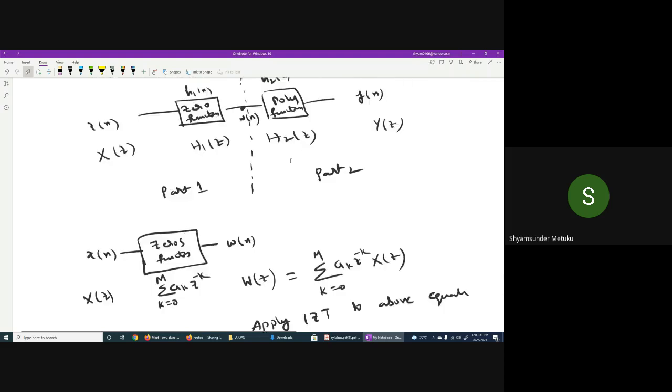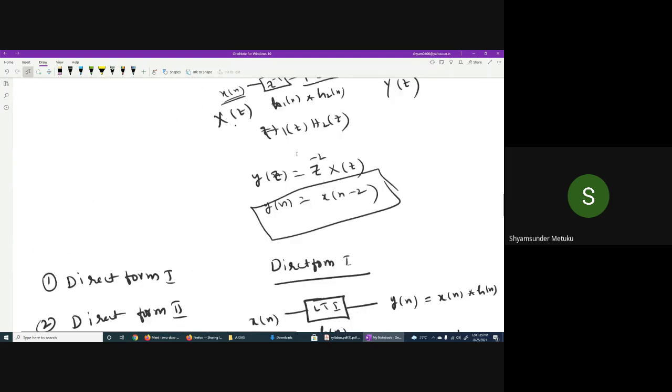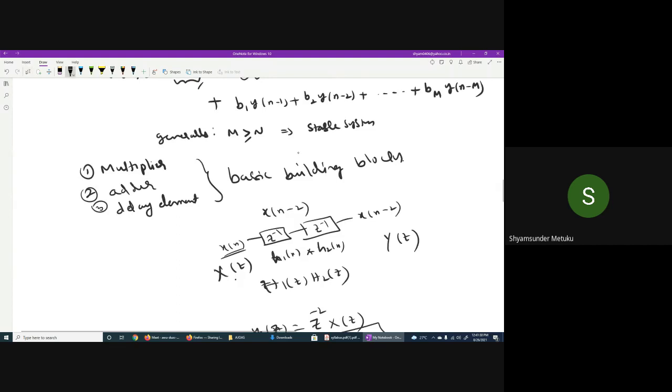Before that, I wanted to mention the basic building blocks I have written here. The multiplier symbolic representation is given this way: if x of n is given, and we want to multiply with some a, then it will be a into x of n.